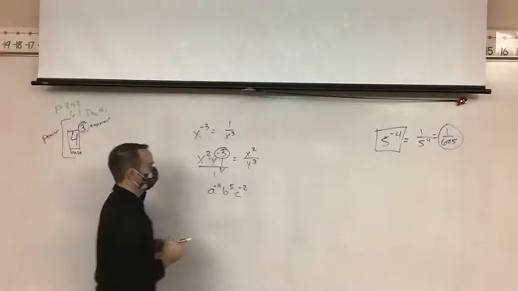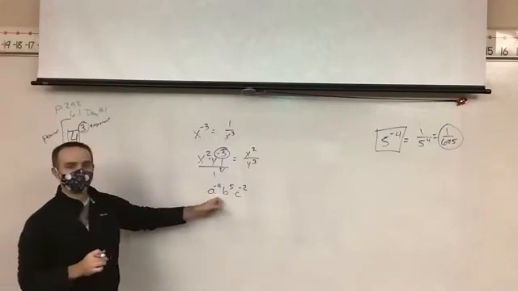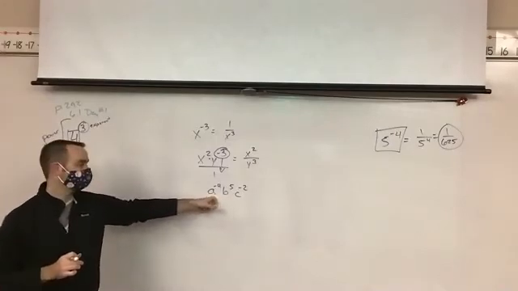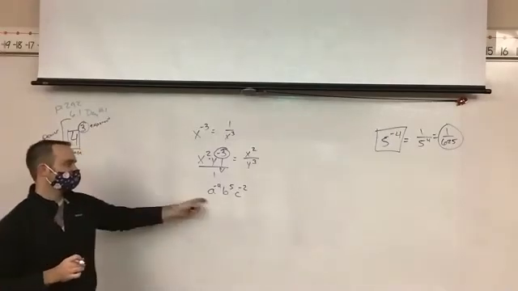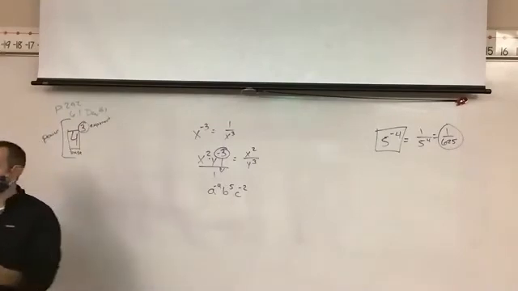I want you to write what you think this is going to simplify to. A to the negative fourth, B to the fifth, C to the negative second. What do you think that's going to simplify to?